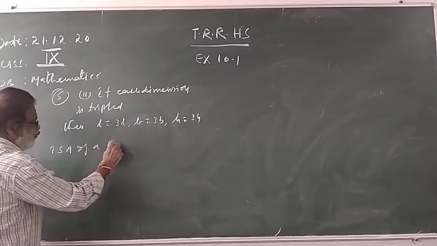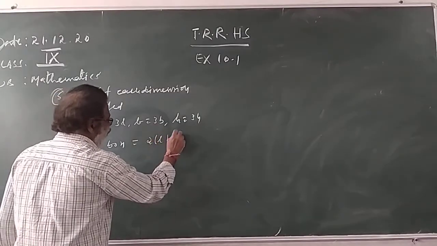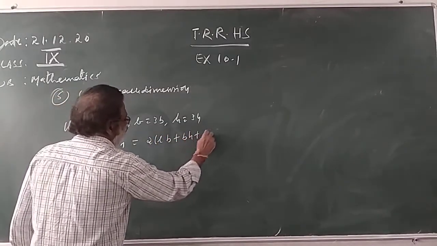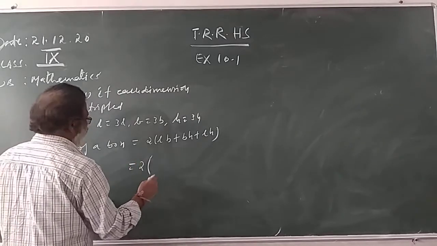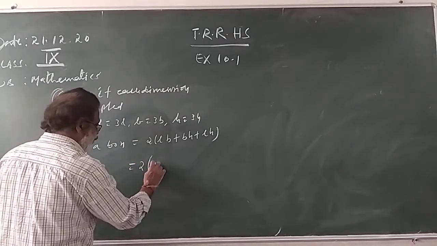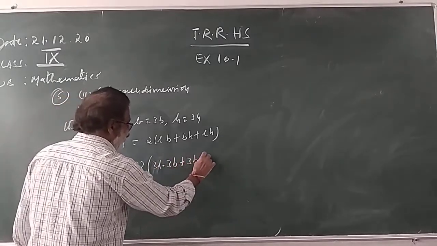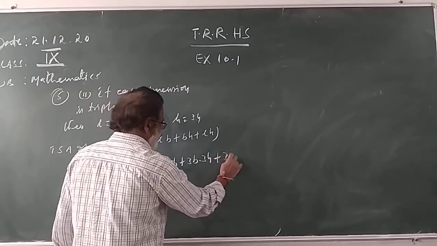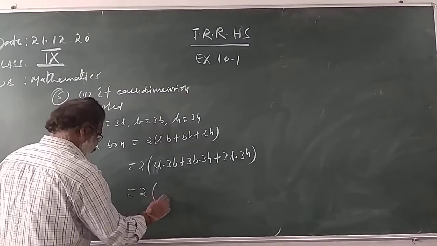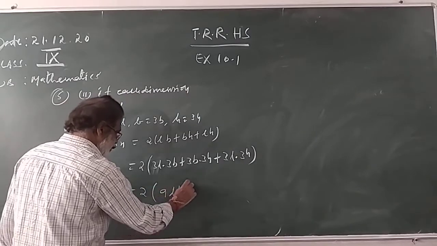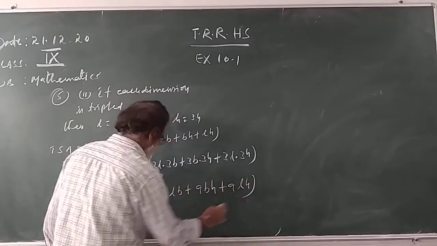What is the original TSA of a box? Original box TSA is 2 into LB plus BH plus LH. Substitute. 2 into LB, L is 3L, B is 3B, B is 3B, H is 3H, L is 3L, H is 3H. 2 into 9 is 18, so 18LB, 18BH, 18LH.